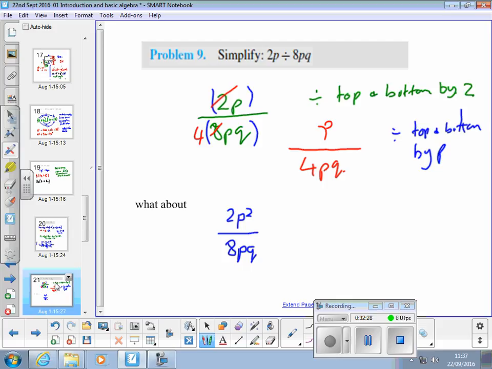The P completely disappears. No, it doesn't. It becomes 1. So it becomes 1 over 4q. The P down the bottom becomes 1, and we don't write 1 times Q, we just write Q. But be careful about that one, because I've seen that happen so many times. A variable disappears and then suddenly comes back again because the student remembers that it should be there. They recognise the formula. But P divided by P is not nothing, it doesn't disappear.